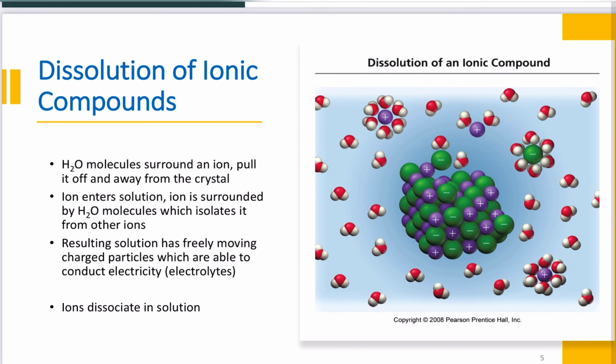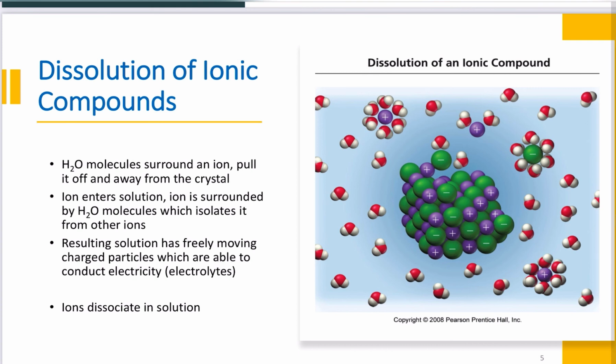But the negative side of that water molecule surrounds the positive ion, specifically the sodium ion that's in that crystal. When 6 waters surround that sodium ion, it is no longer attracted to the chlorine that it was originally coupled up with in the crystal, and it leaves the crystal.